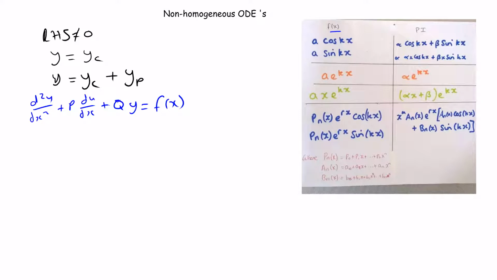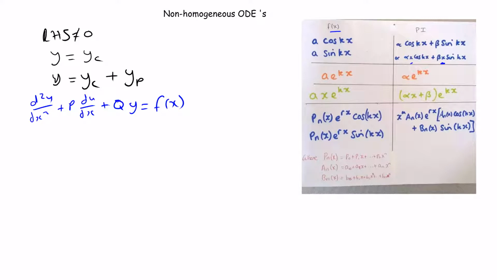If f of x is a trigonometric value with cos or sine, then our particular integral or particular function is going to be a summation of cos and sine, or it could be cos and sine multiplied by x, our variable. You can just see there.